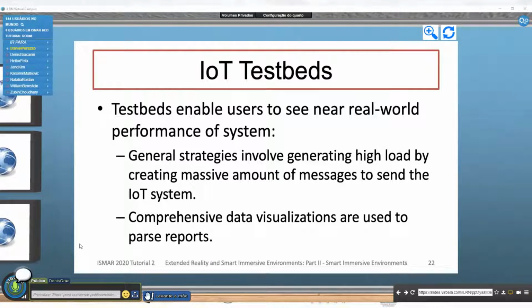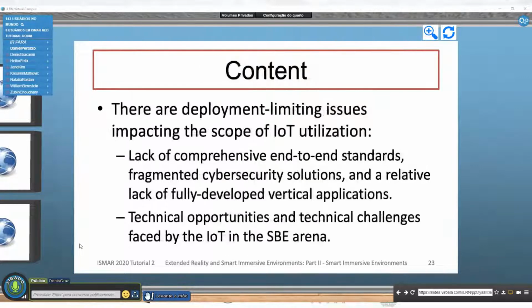For that, we also need load generators to create messages and, at the same time, visualization tools that allow us to handle that. From that we can look at some issues limiting deployment and even impacting the scope of how we can use IoT.